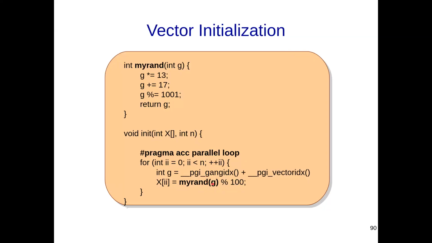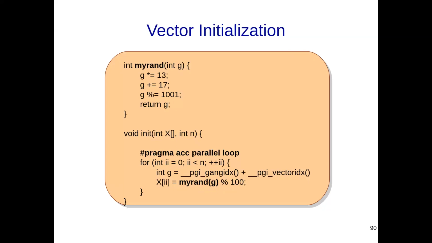That is one way in which I can simply get different random numbers across different iterations and therefore across different threads. But another choice is to use the thread ID, which is going to give us different values across different threads.